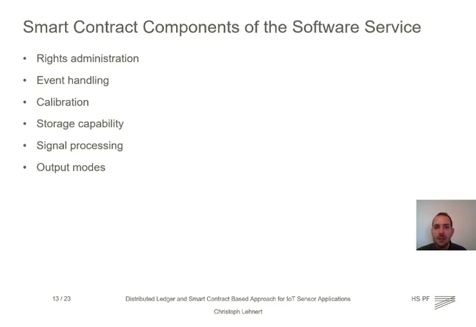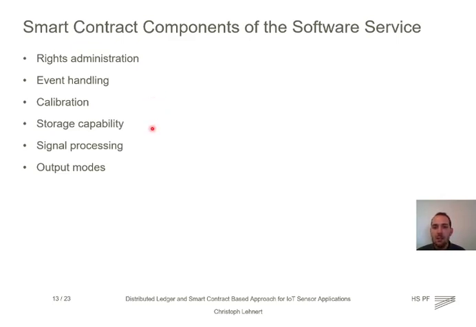The smart contract components of the software services are as follows. The write administration, which is important for later access management. The event handling sets an event when sensor data exceeds a defined limit. The calibration is to adjust signal processing functions, which are only accessible from the account of the contract manufacturer.